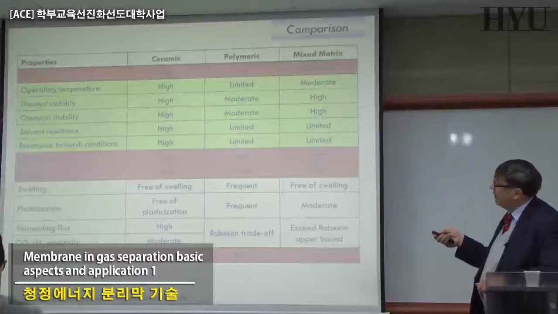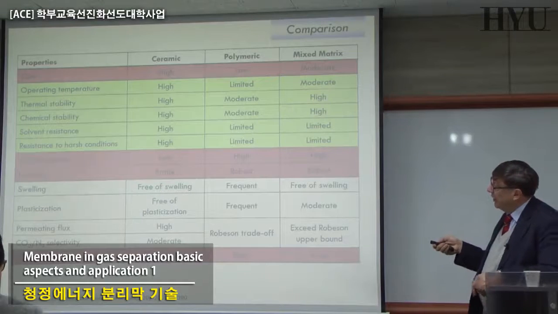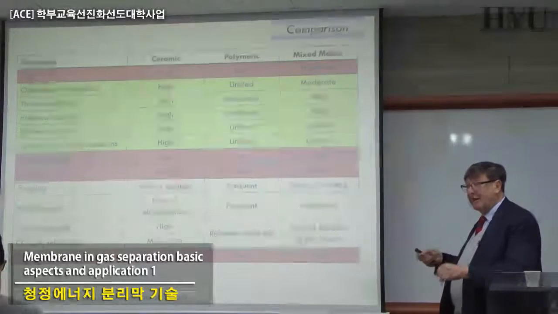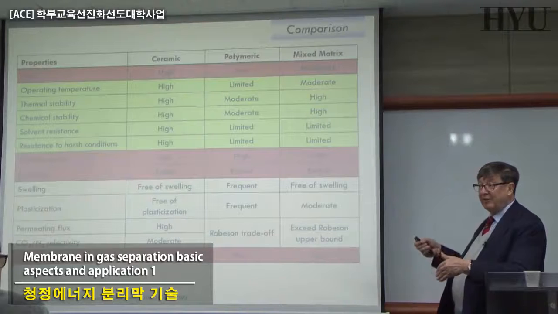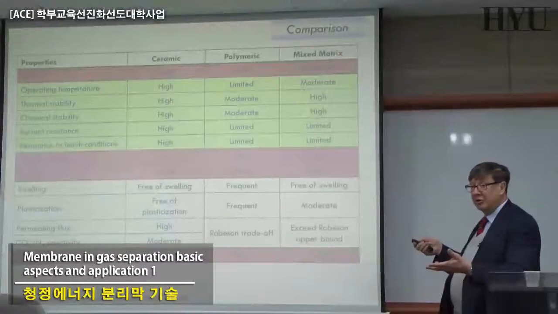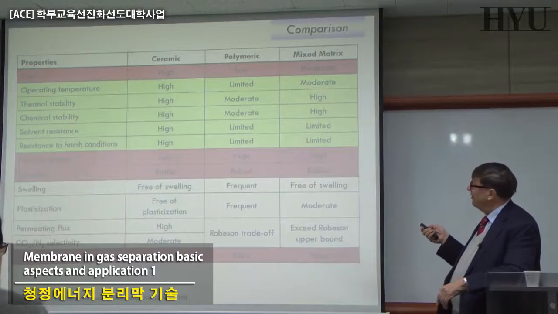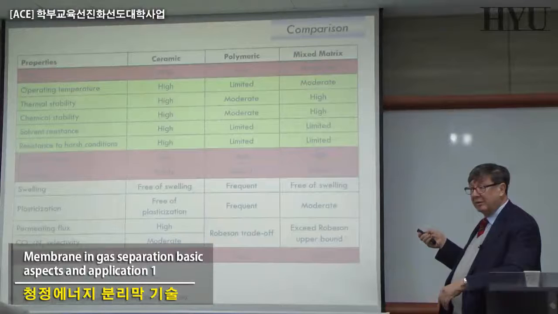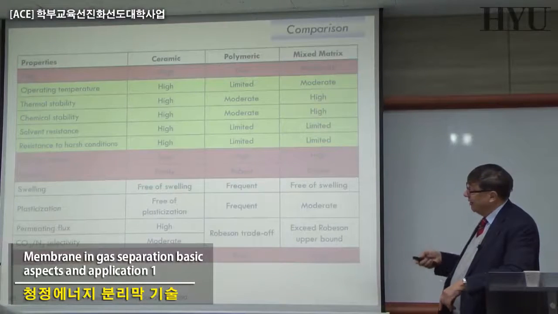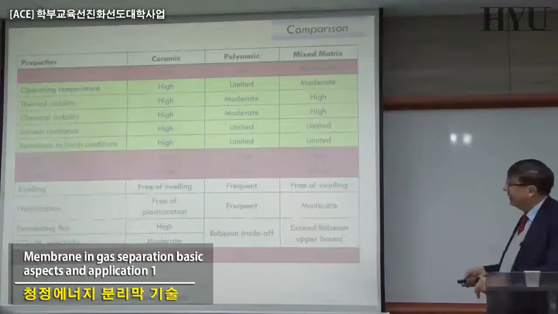So the same limit that you sometimes have in polymeric is also present in mixed matrix, as solvent resistance, for example. Again, the additive, which is normally 10, 15, 20%, can be very resistant, but the 80% of the matrix in which this additive is distributed will be affected. And so you have a limited resistance to the solvent for the mixed matrix, exactly as for the polymeric one.